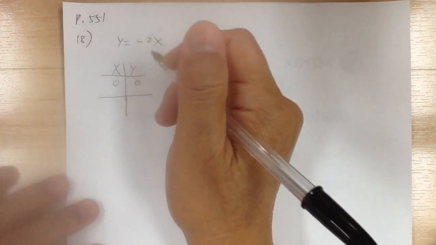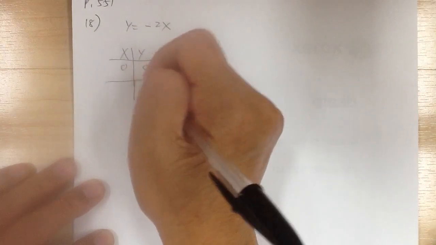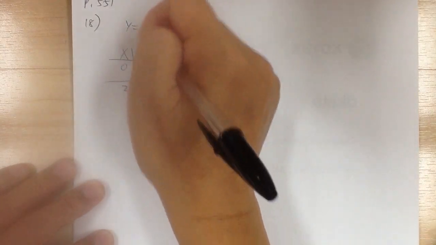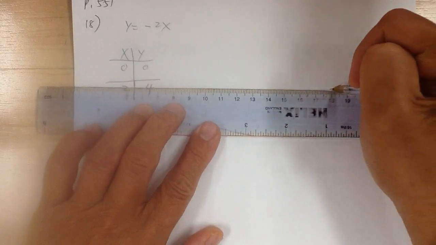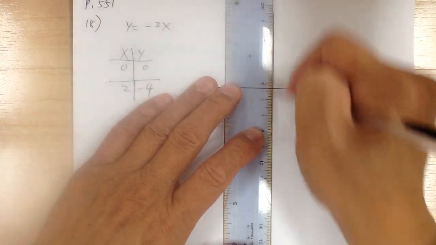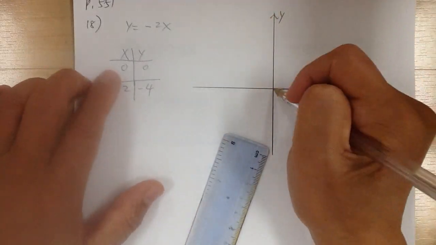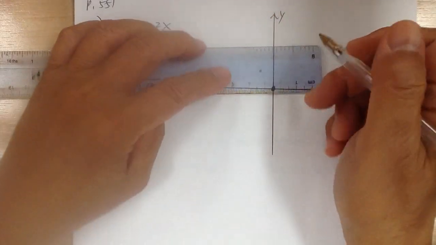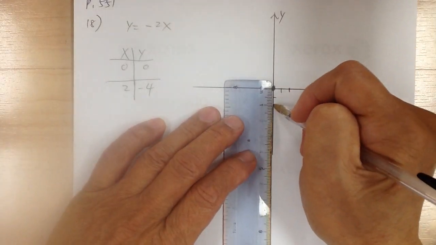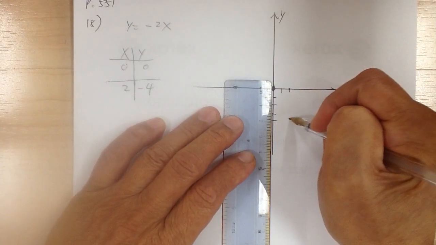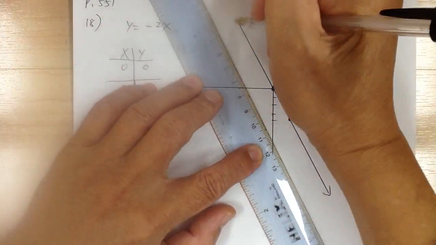And again, 1 is probably a bit too close together, so maybe let x equal to 2 and y will equal negative 4. Okay. So first point is 0, 0. Next point is 2, negative 4. Okay, and then just go and connect the two dots.